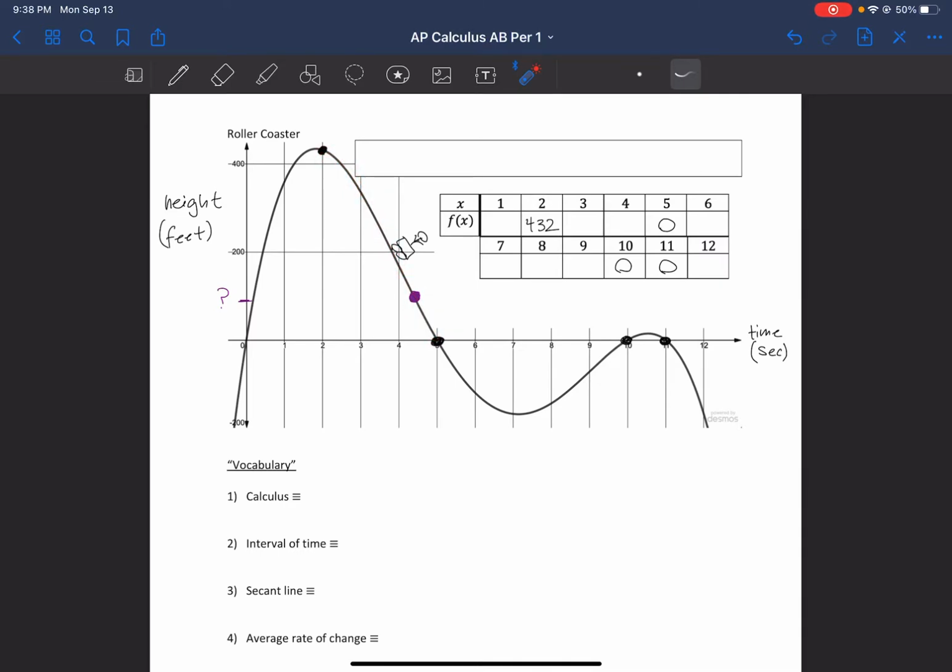At the moment, we only know this elevation, as well as the time. So the best thing to do is to approximate this slope right here.